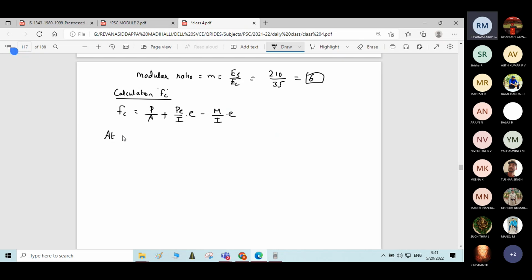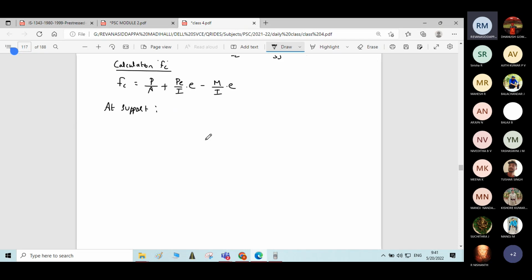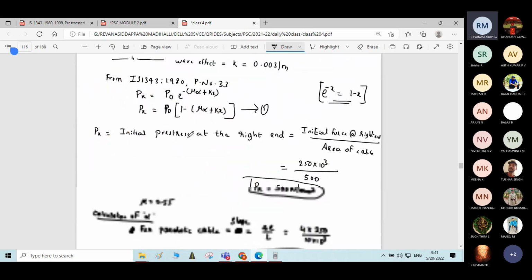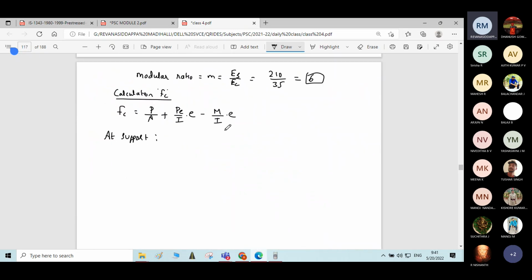Therefore, FC at support is equal to... What is the eccentricity at the support? Eccentricity at the support is 0. Correct? Therefore, FC is equal to P by A plus 0 minus 0. So FC is equal to P by A at support.